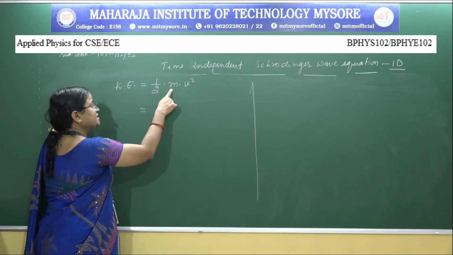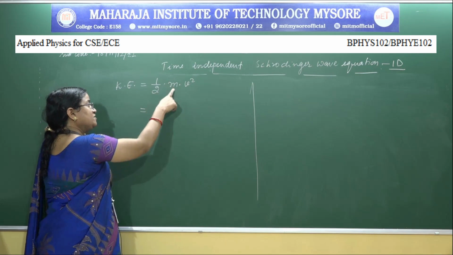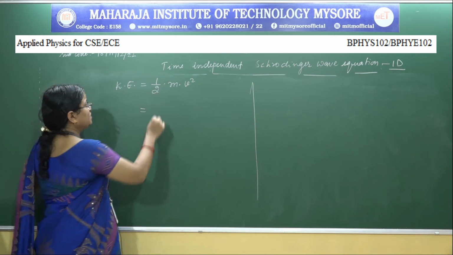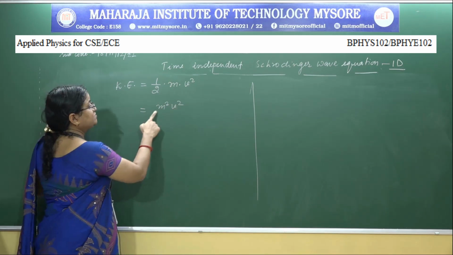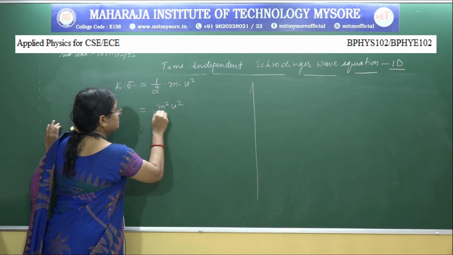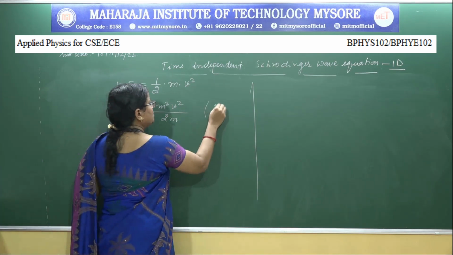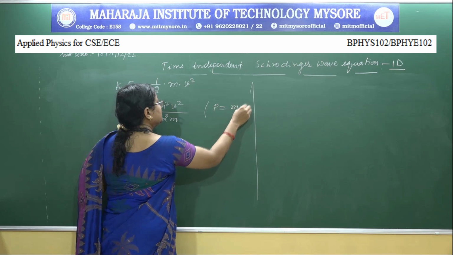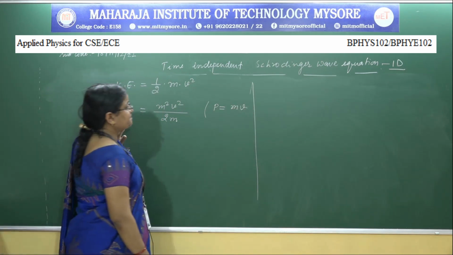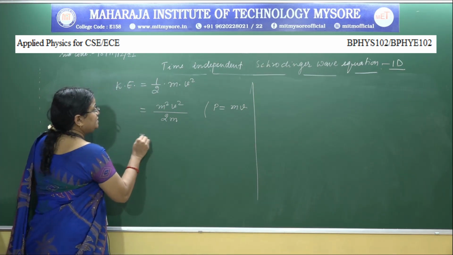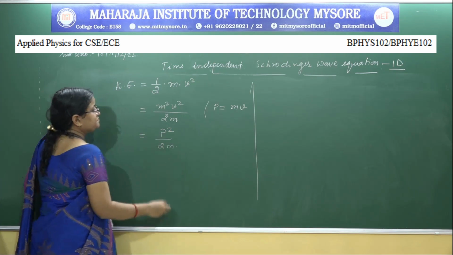We will multiply the right hand side of the equation, numerator and denominator both by m, we get m square v square divided by 2m. Now what we know, the momentum of the particle is given by p is equal to m into v. So we can write this as p square by 2m.